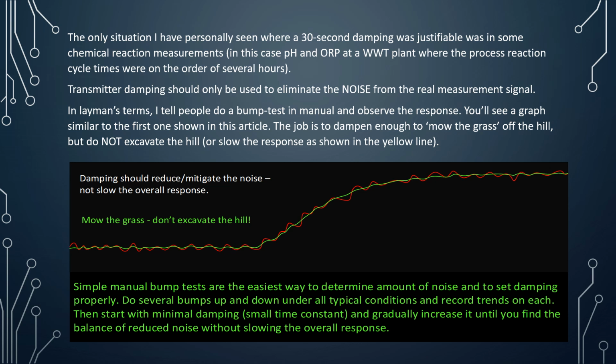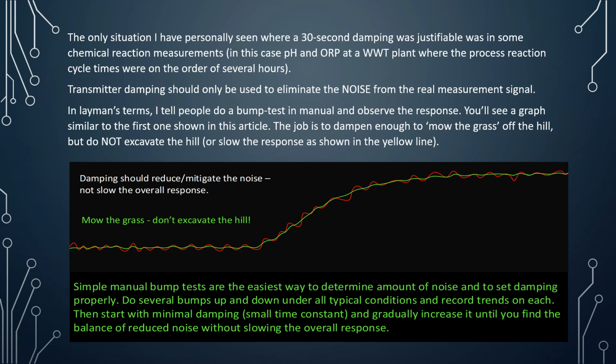Okay, so the only situation that I personally have worked on where a 30-second kind of time frame of damping was justifiable was in chemical reaction measurements. In my case, it was a couple times, but pH and ORP at a wastewater treatment plant, where the reaction cycle times were like 18 to 24 hours.